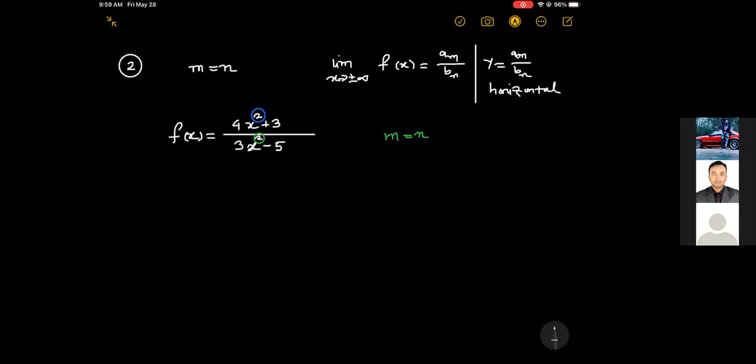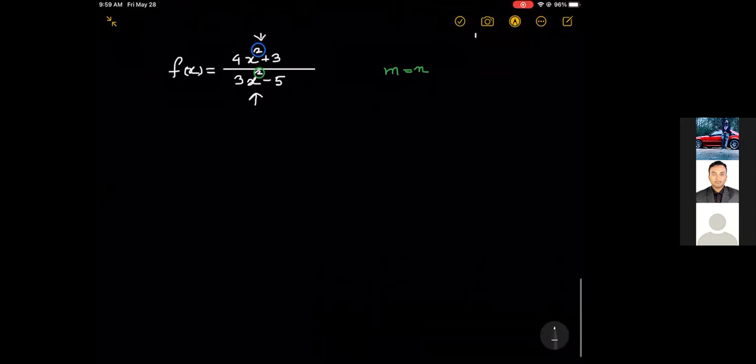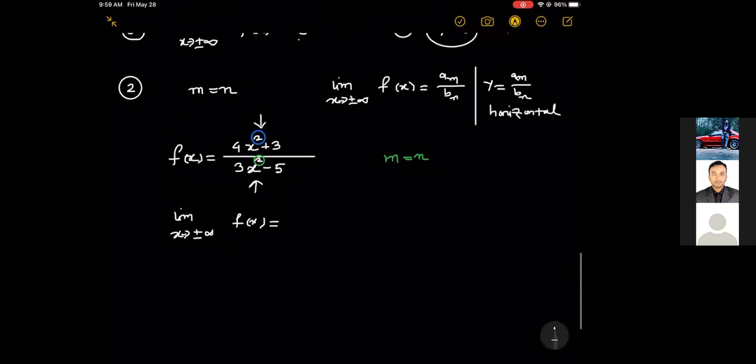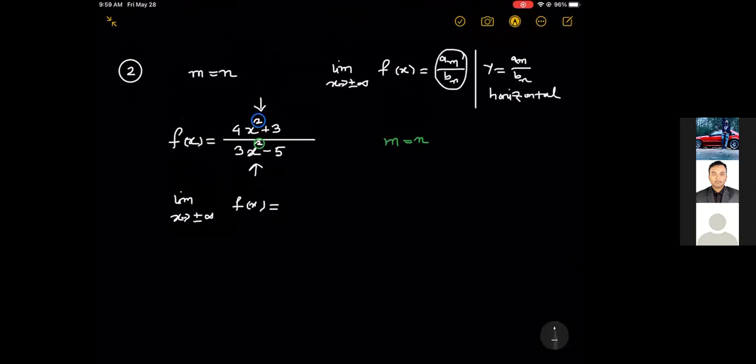Yeah. So again, let's go back to the exponents. The degree of the numerator, or the highest power of the numerator, is 2, and the highest power of the denominator is also 2. So that means they are equal. And when that's the case, we say the function, when x tends to positive or negative infinity, will approach the ratio of the leading coefficients.